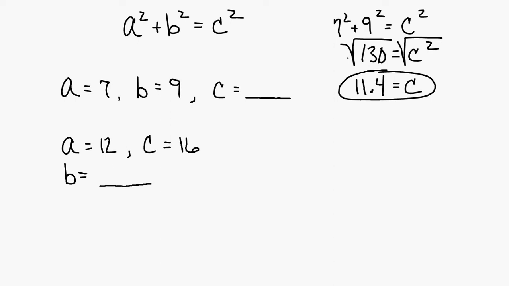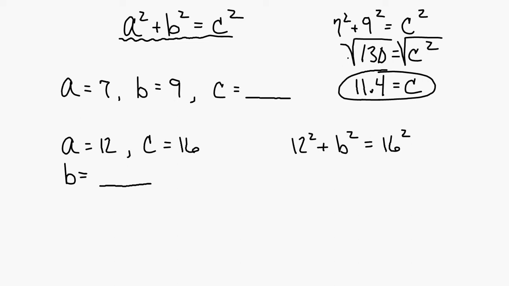So again, you use the Pythagorean theorem to find the letters. So you replace the A with a 12. So 12 squared plus B squared equals C squared, which is 16 squared.